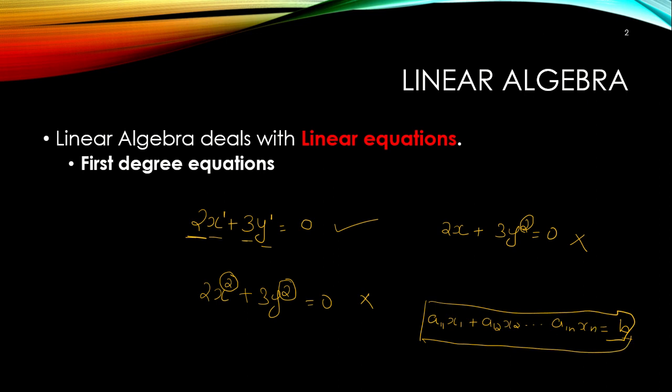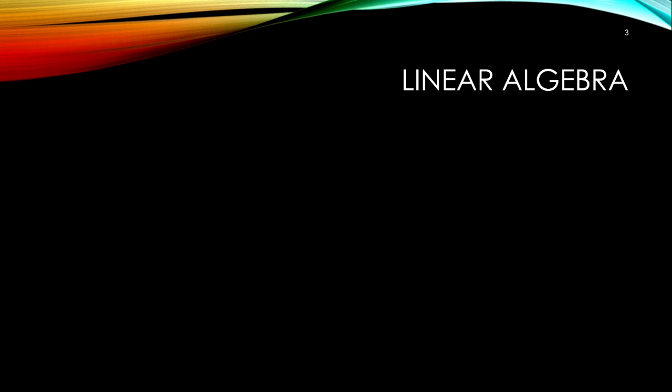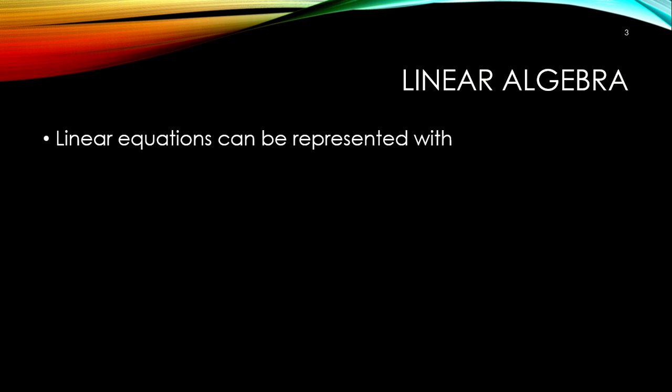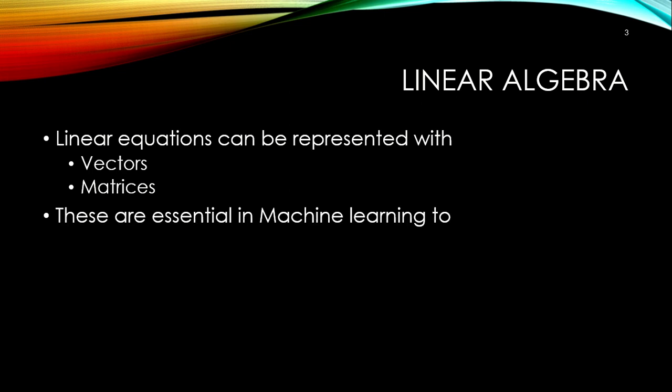Okay, and why do we study linear equations? Because in machine learning, linear equations play a very important role. Linear equations can be represented with vectors or with matrices. Okay, so there are two kinds of representations for linear equations. One is vector form and the other is matrix format.